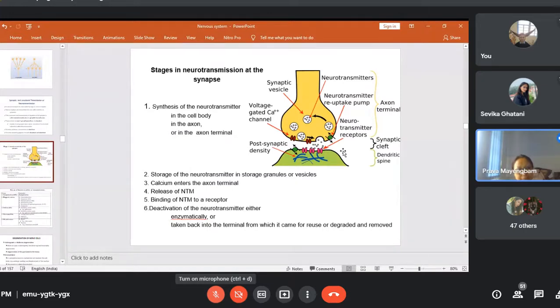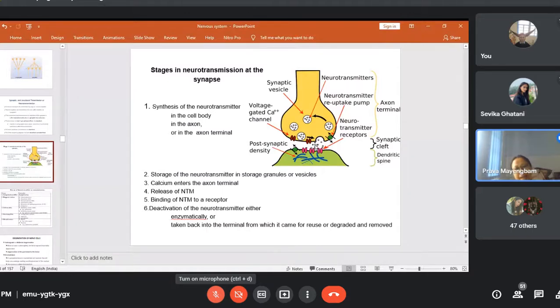Any excess amount of acetylcholine left in the synaptic cleft, okay, some have bound to their receptor and some have been left, and those leftover acetylcholine will be destroyed by hydrolysis by acetylcholinesterase.